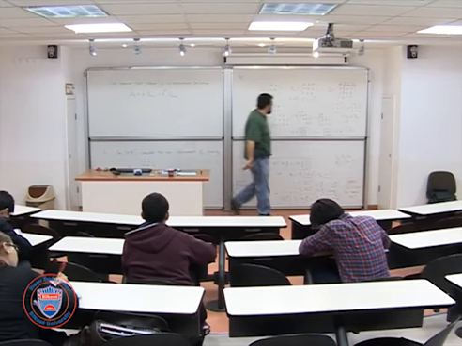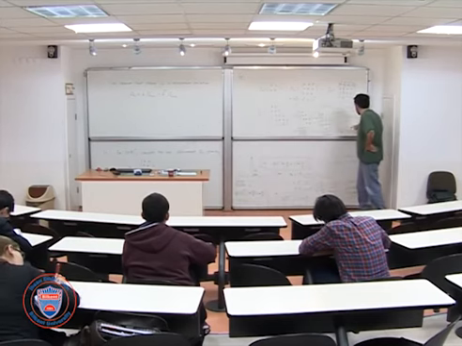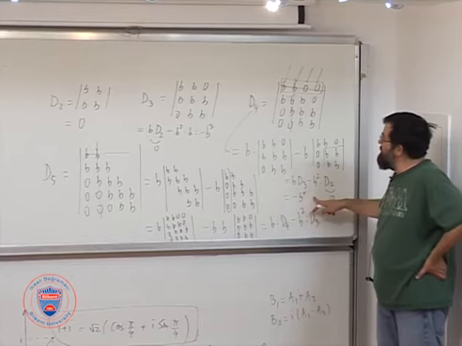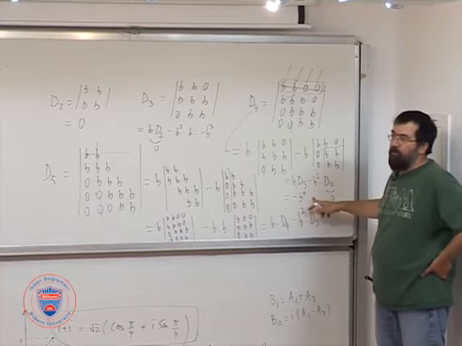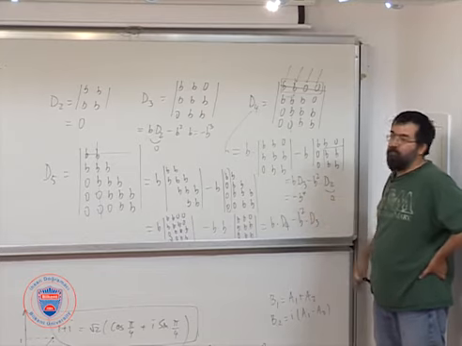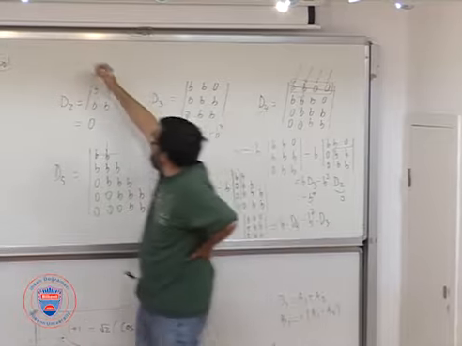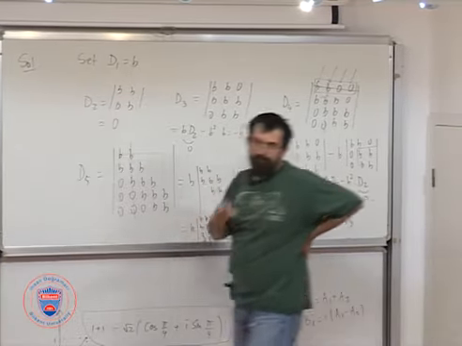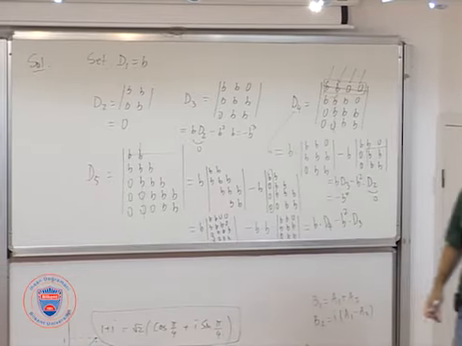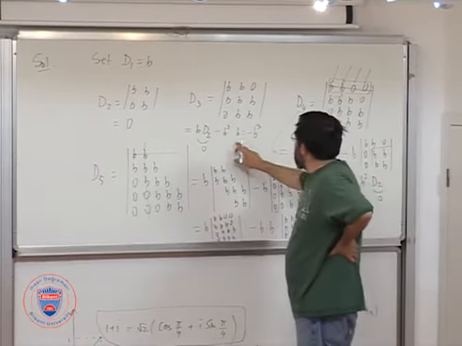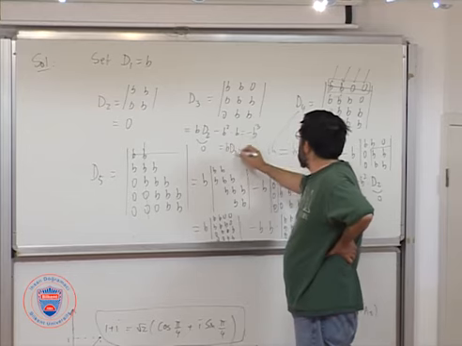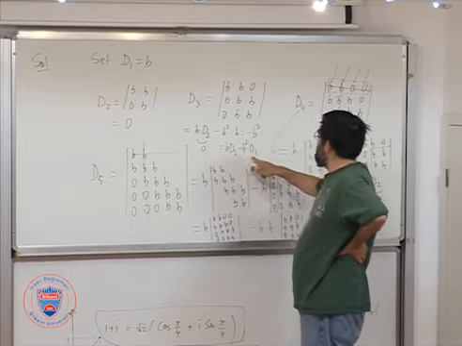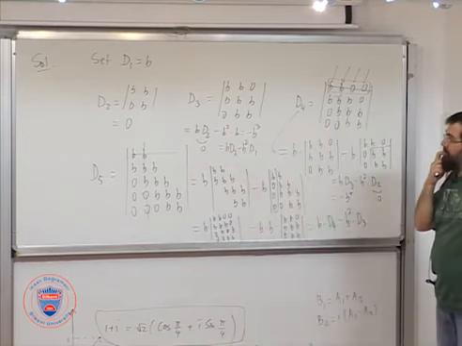Now the recurrence holds for d4. What you can do, this is a clever trick, you can set d1 equal to b, just by choice, and then this will be b d2 minus b squared d1. So the recurrence will hold for 3 as well.